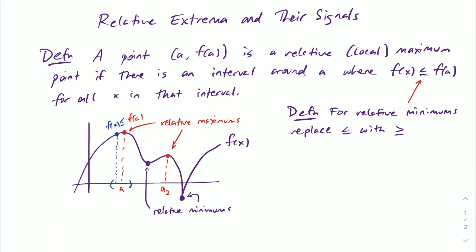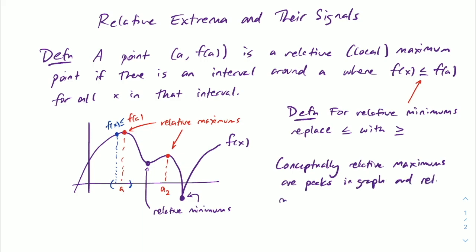And more conceptually, relative maximums are peaks in the graph, and relative minimums are valleys.